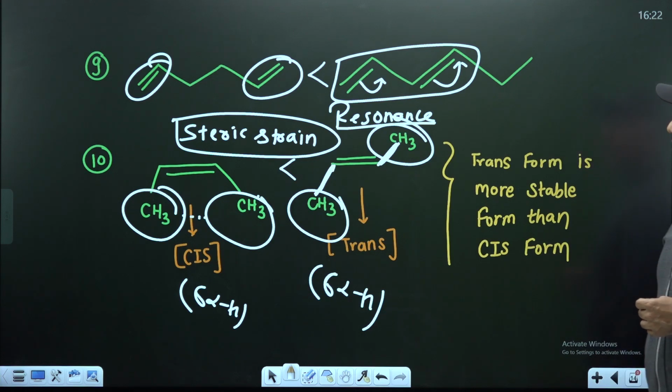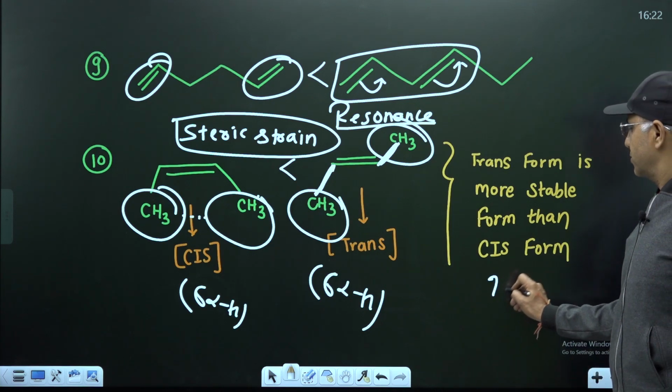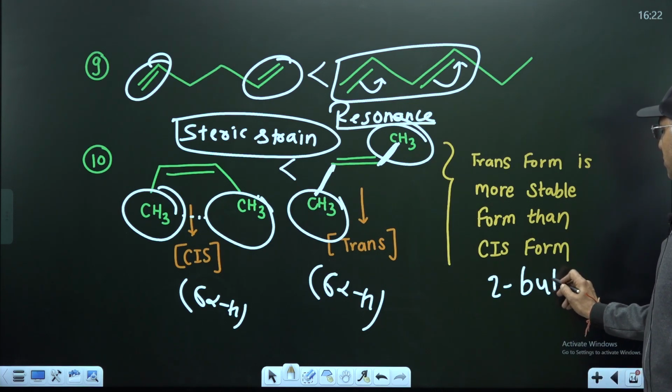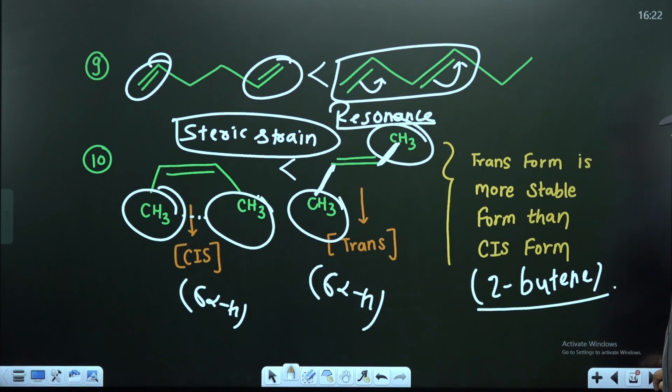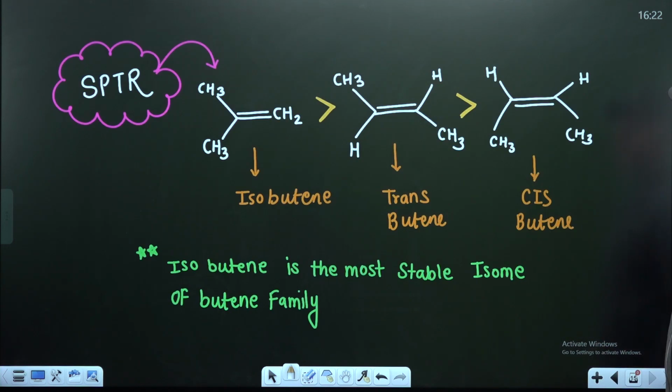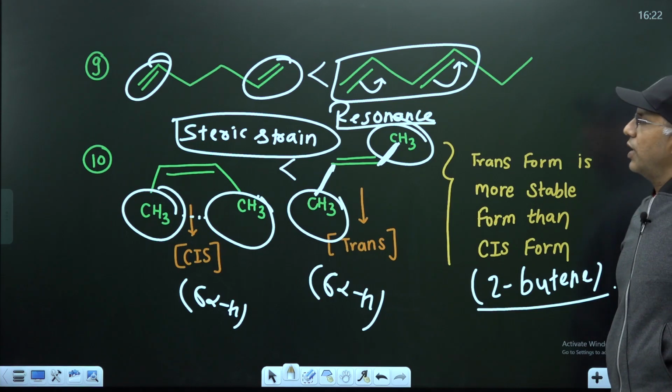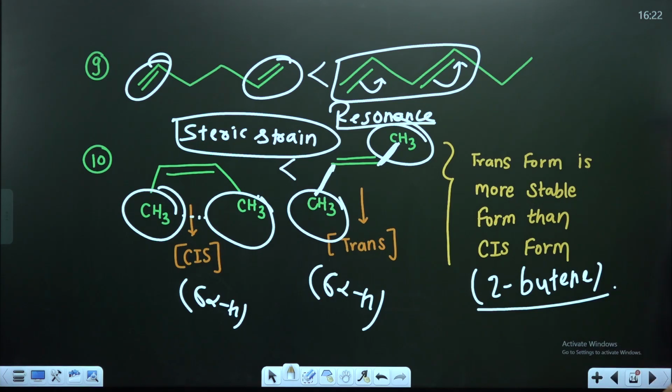So you have to remember trans is more stable than cis alkene. Trans 2-butene is more stable than cis 2-butene. So write in your notes, trans is more stable than cis.